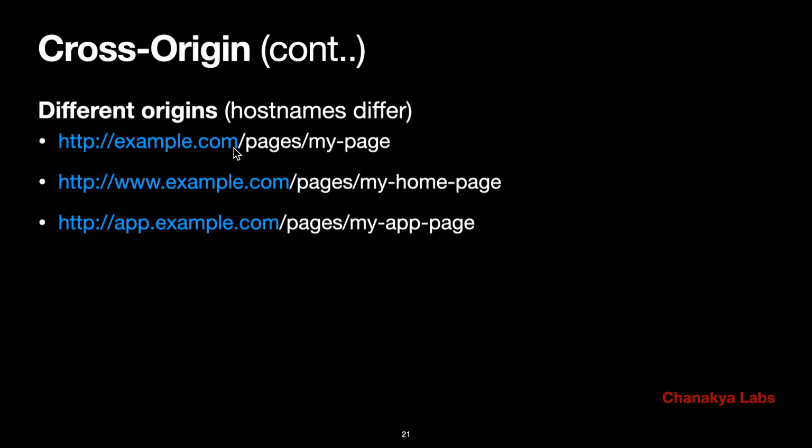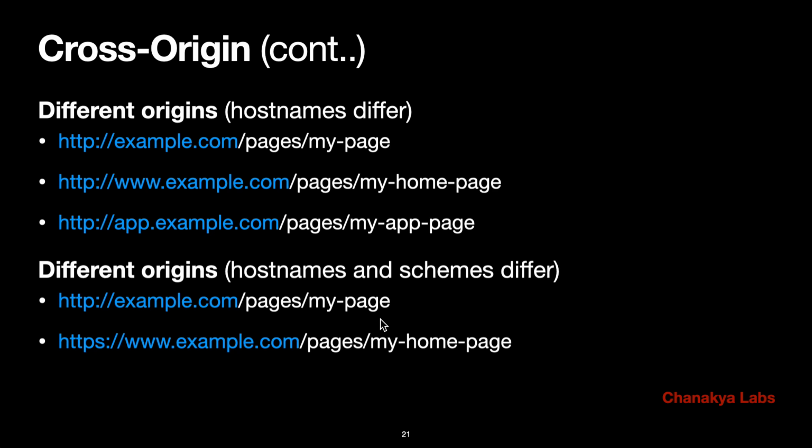So www is a subdomain of example.com, and this is the app subdomain of example.com. Each subdomain is treated as a completely different website altogether. So definitely these are not matching, and that's why these are examples of different origins, because the host names are not matching. Let's take one final example.